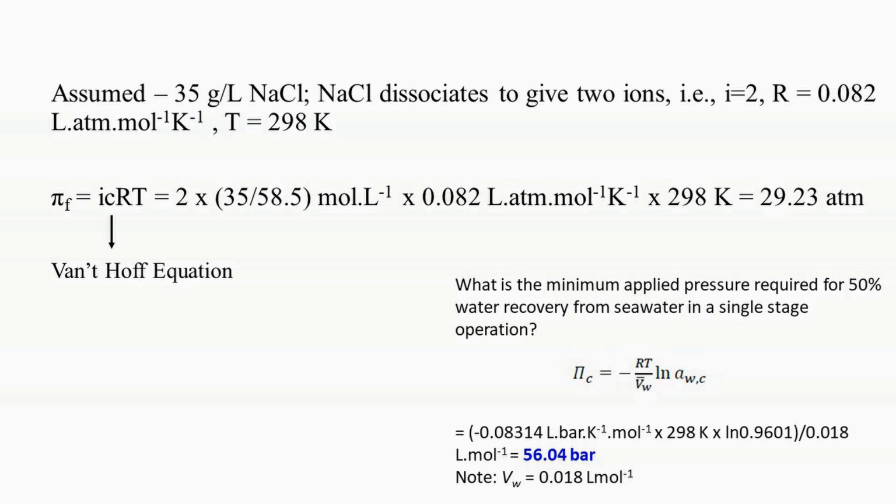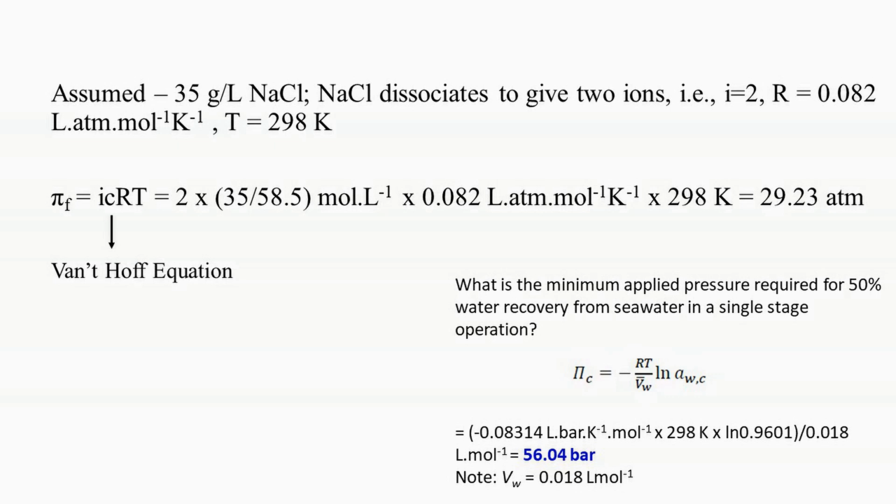And for that, I've shown you that all this vapor pressure, everything has been worked out. So now you know that if I want to recover 50% water by reverse osmosis from seawater, I will need to apply a minimum pressure, minimum mind you, of 56 bar.